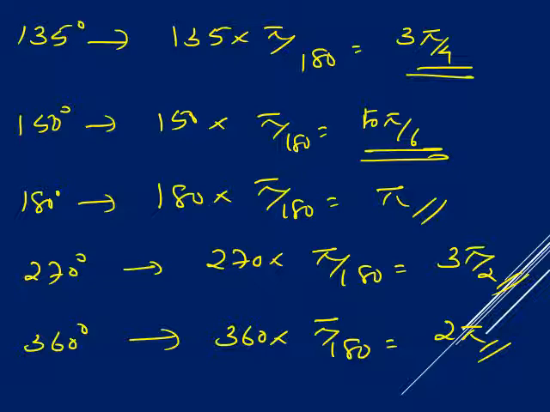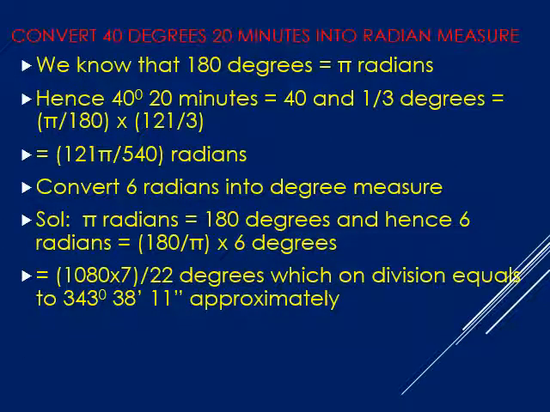In the same way, radian into degree means you have to multiply with 180 by pi. You see, convert 40 degree 20 minutes into radian measure. 180 degrees is pi radian. 20 minutes in terms of degree is 20 by 60.